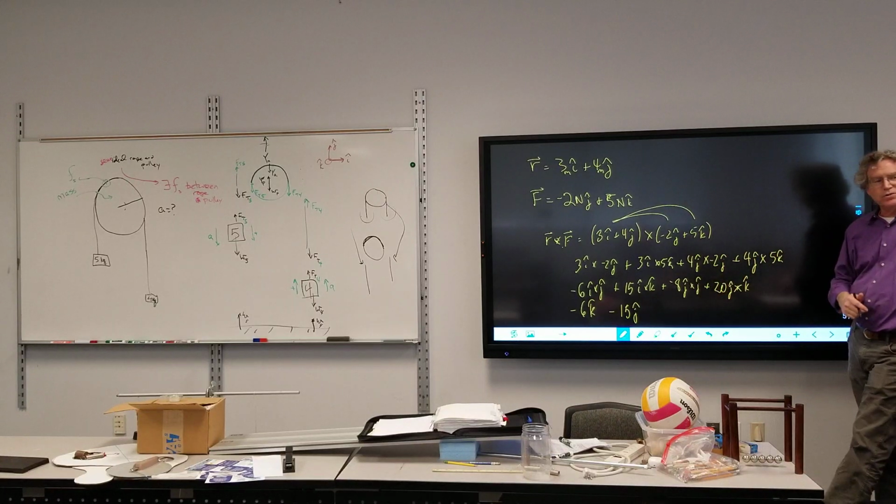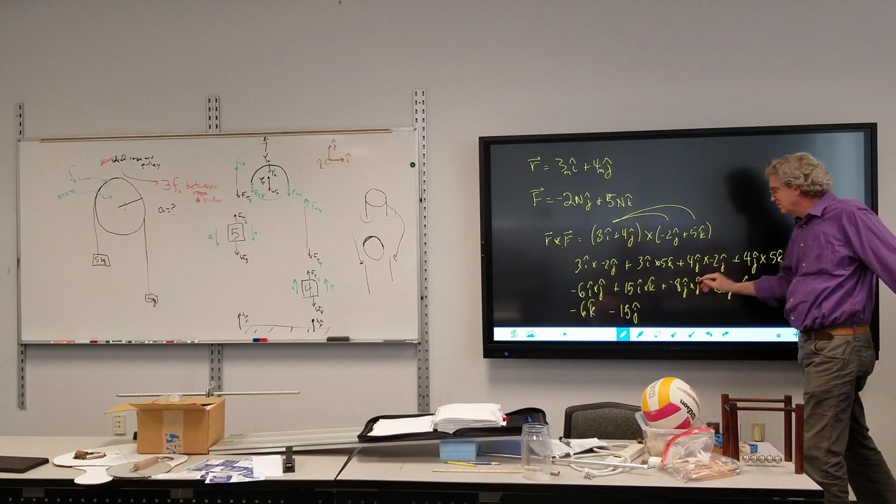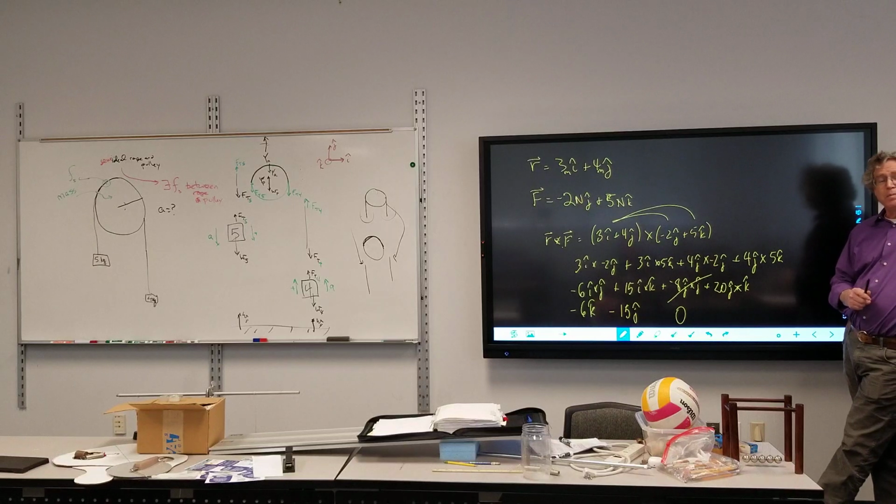What about j hat cross j hat? Put your hand in the first vector, so your fingers pull towards the second vector. It is indeed 0. Remember that cross products are multiplying perpendicular pieces.